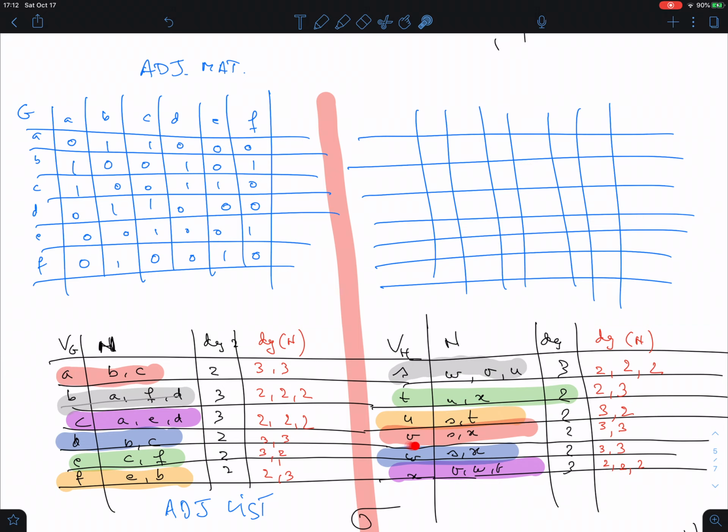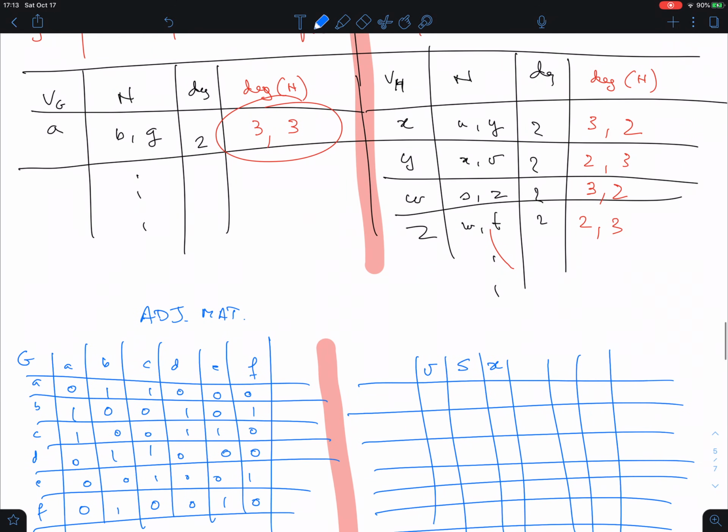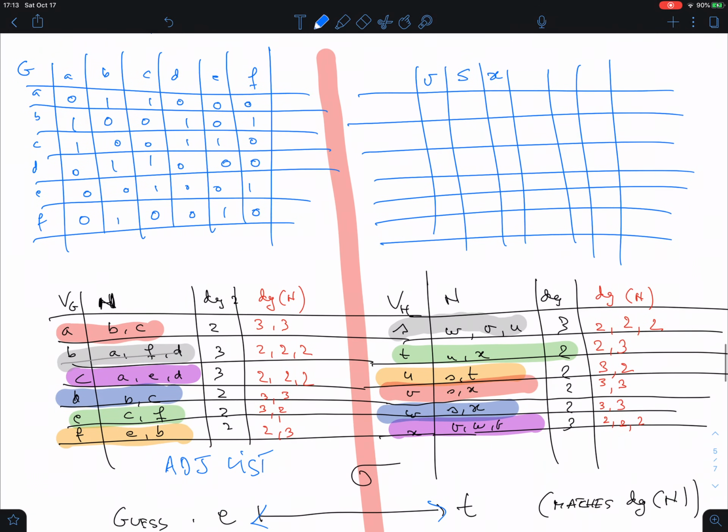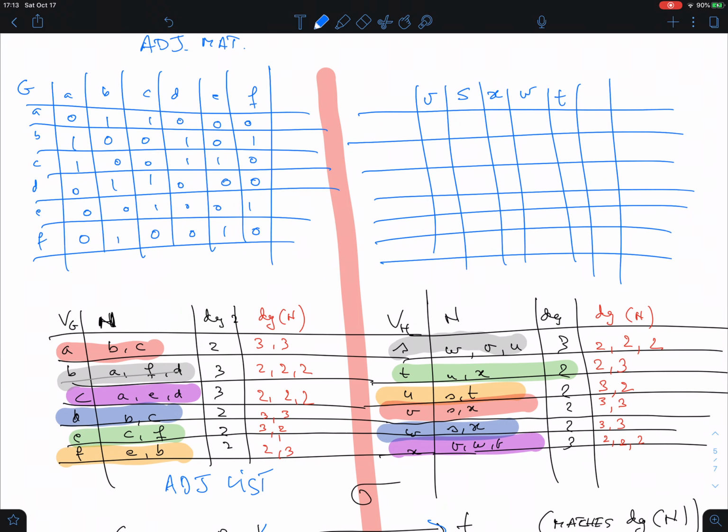So A is mapped to V. So I put V here. B is mapped to S. So I'm going to put S here. C, the purple one, goes to X. If you don't remember, you can also look it up here on the list, right? I have it here. D, that was the blue one, goes to W. E, that was green, goes to T. And F goes to U.